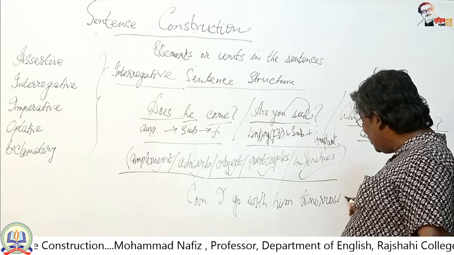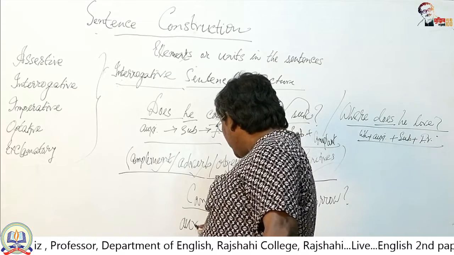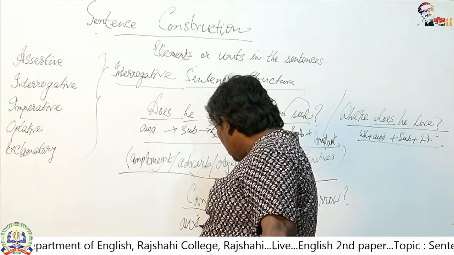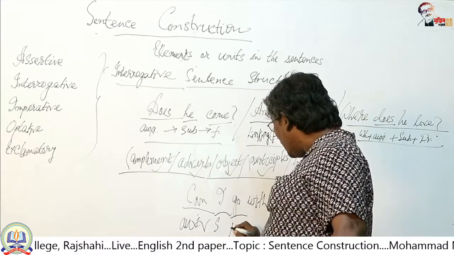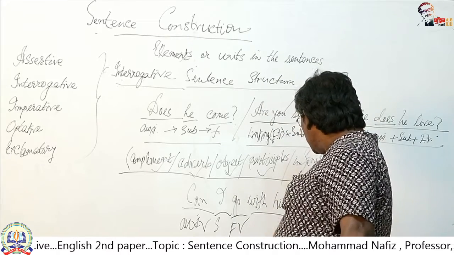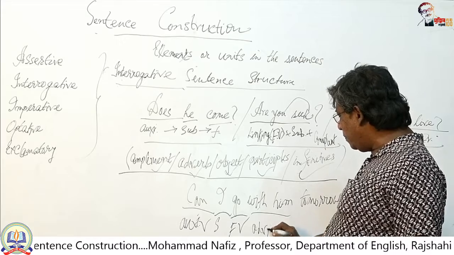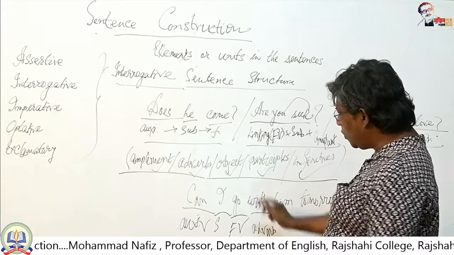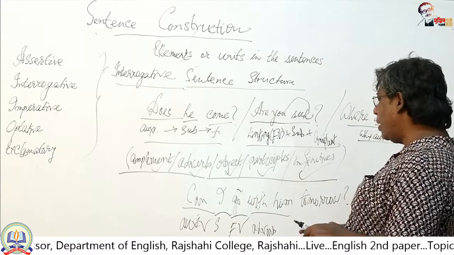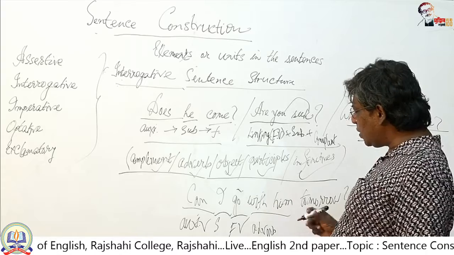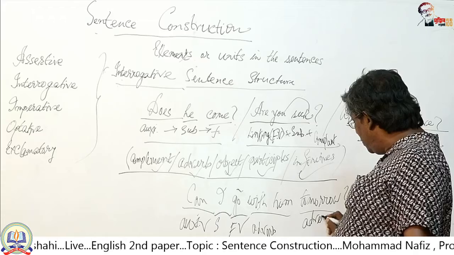Look at the elements of this sentence. Can is the auxiliary verb, I is the subject, go is the finite verb, with him is a prepositional phrase functioning as an adverb. It replies how the finite verb go is performed, and tomorrow is an adverb of time.